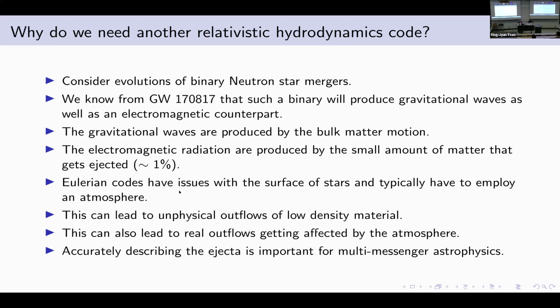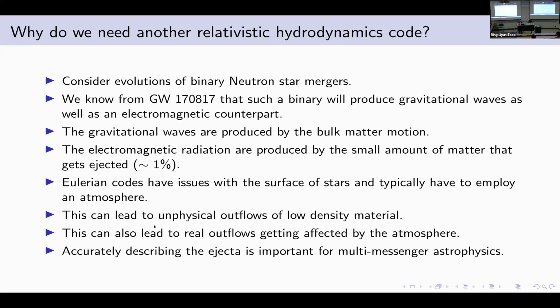So one point is that Eulerian codes have issues with the surface of stars, and we have seen some examples of that during this workshop, and therefore have to employ an atmosphere in order to keep the high resolution shock capturing schemes happy there.